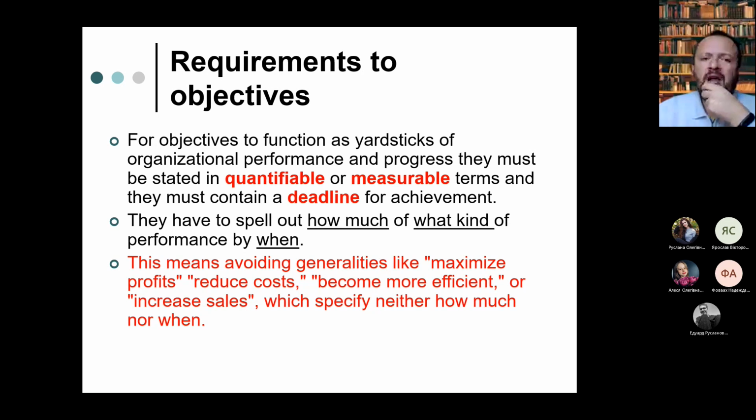So it's not possible to set an objective like to reduce costs, to become more efficient, because from this definition, it's not possible to understand the deadline for this activity, for this target, and by what volume we want to decrease, for example, our costs.